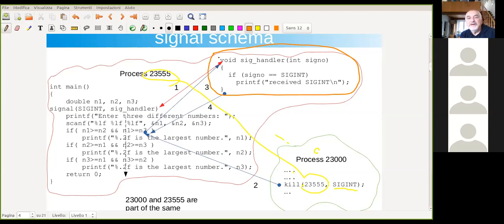The parameter of the sig handler is exactly the number of the signal. The sig handler receives this and prints a message. After execution, just on exiting, it returns here.